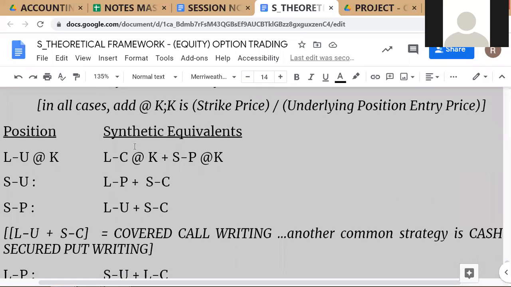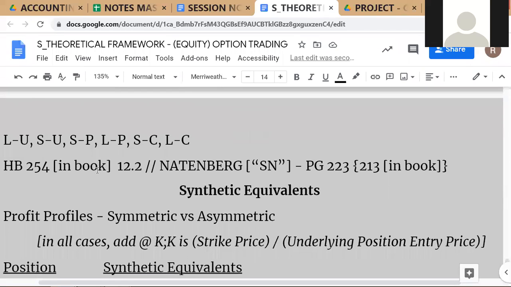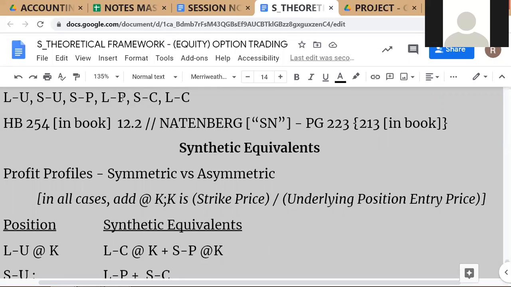All are at K. I'm not doing this at K everywhere, because then I'll have to rearrange all of these and push them to the right and all that. So remember, total of 6 positions. Why? 2 types of options, puts and calls. 2 types of positions, short and long.